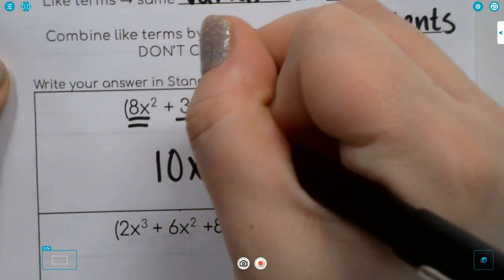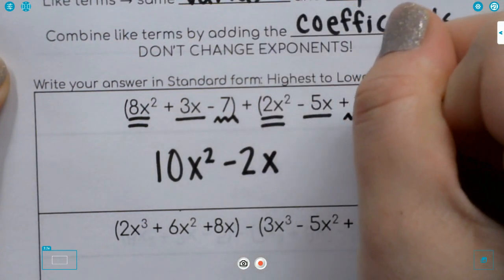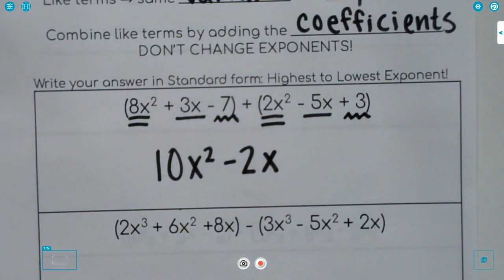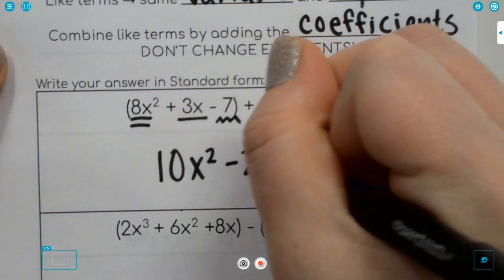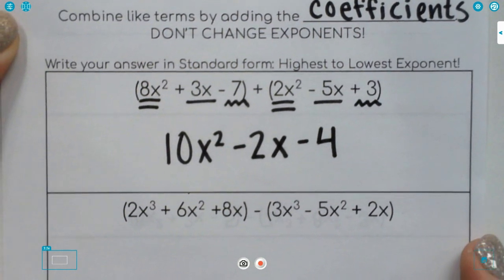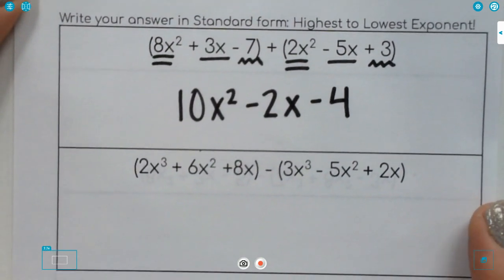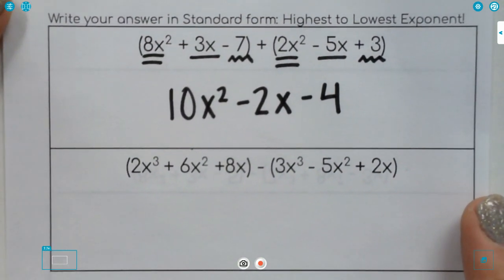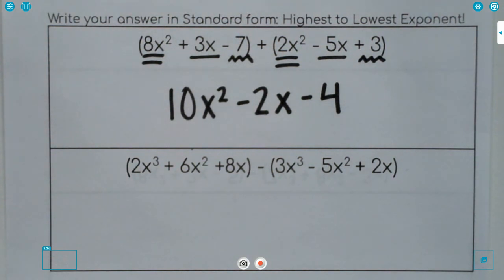And then negative 7 and positive 3 can get combined together. Negative 7 plus 3 is negative 4. Okay. Any questions on that adding?